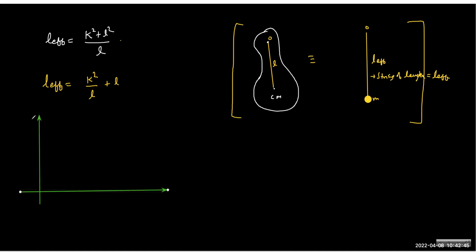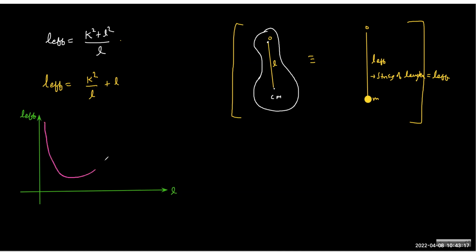So if I plot the graph between L effective versus actual L, the L is the separation between the point of suspension and the center of mass. So when L tends to 0, the L effective becomes infinite, right? And when L tends to infinity, the L effective is also infinite.